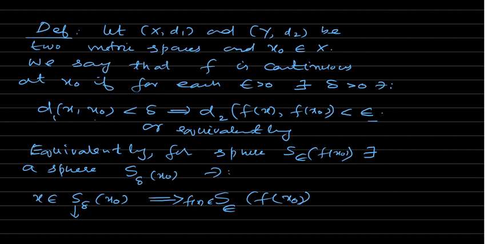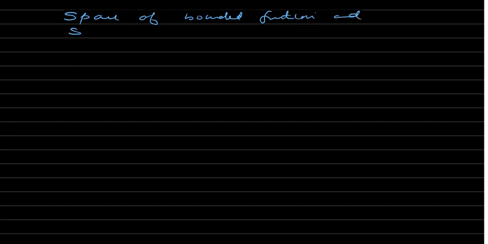Given a metric space X, we define a bounded function also, a real valued bounded function. So this is the space of bounded functions and space of continuous functions. So these are two classical spaces that we'll discuss here.